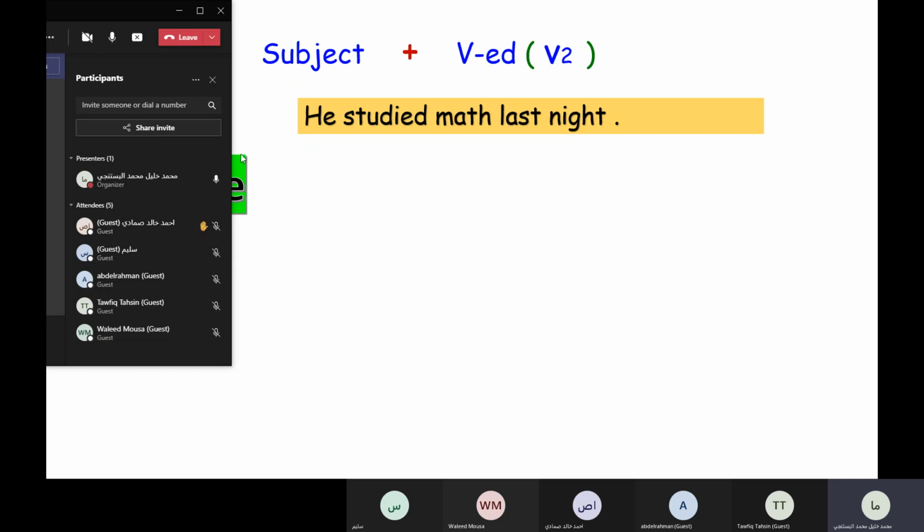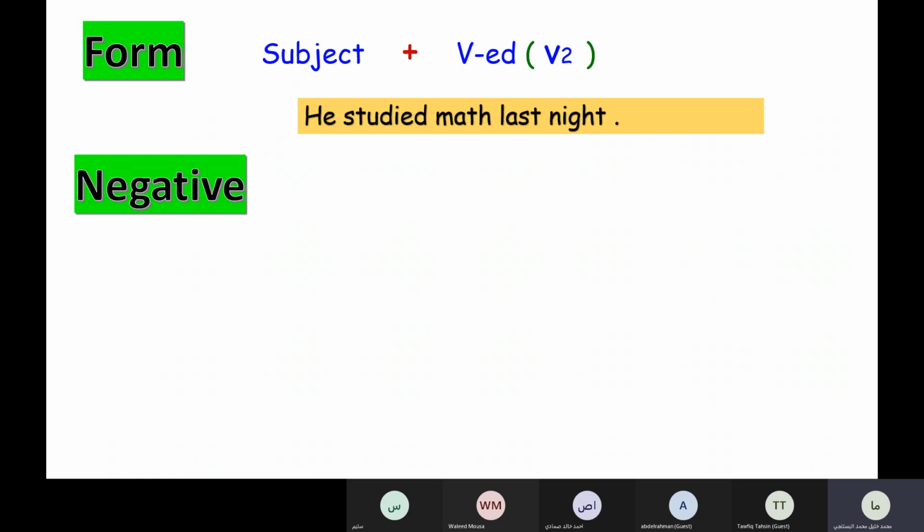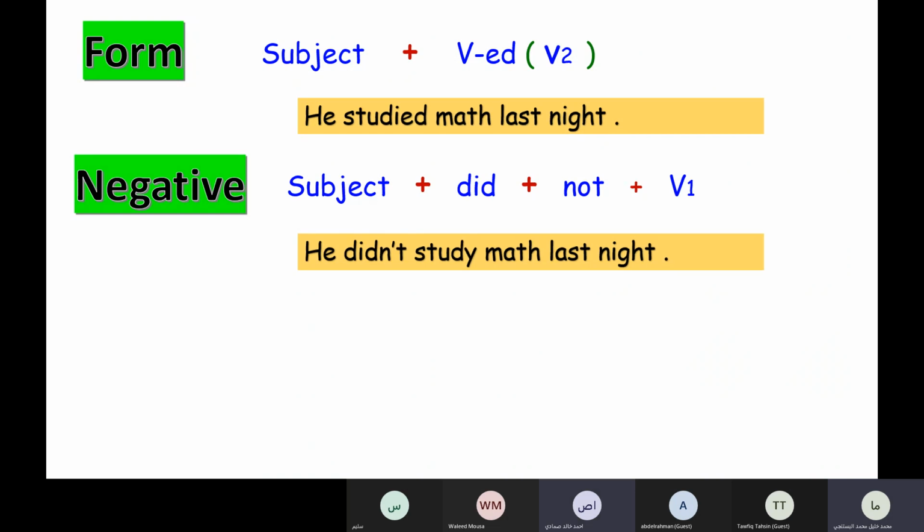He studied math last night. Good. Now, if you want to make a negative, he did not what? He did not study math last night. Good.